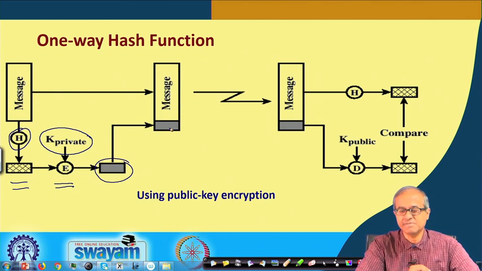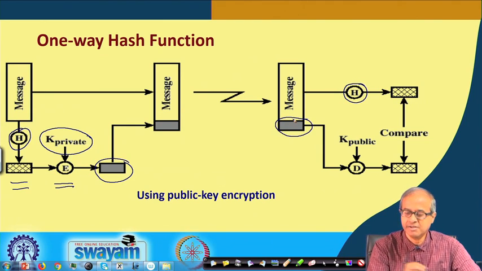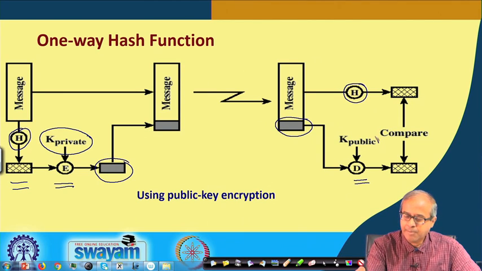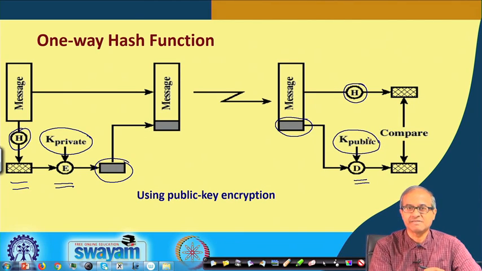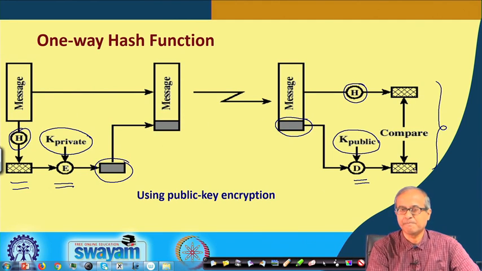At the receiving end, something similar is happening. Firstly, with the message part, the same hash function is applied, and with the encrypted hash part, a decryption algorithm is run with the public key of the sender. Okay? And again we do a comparison.